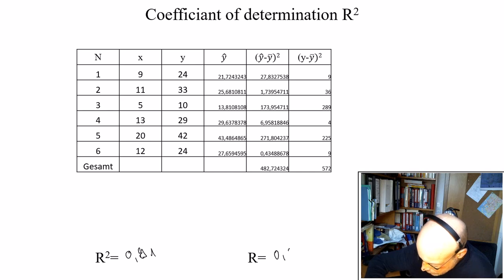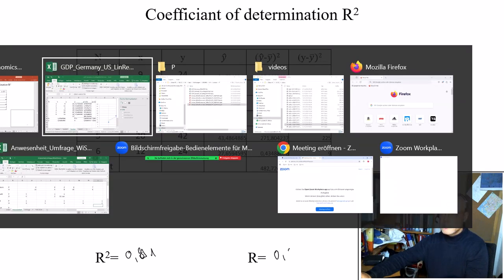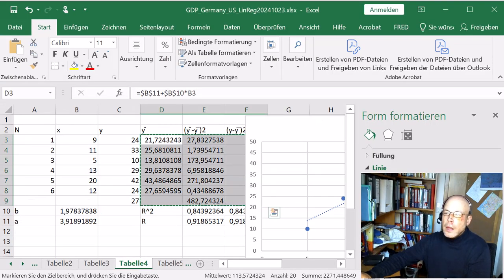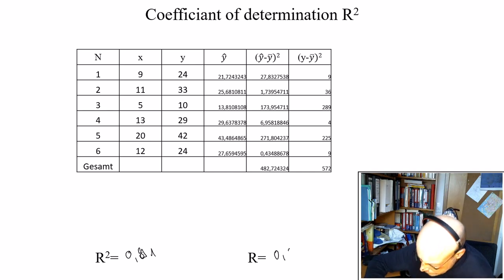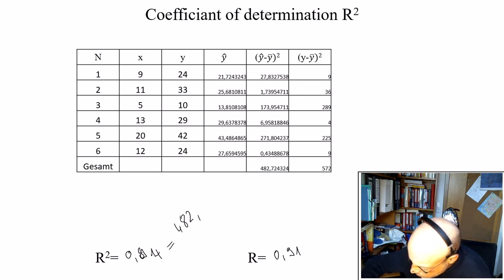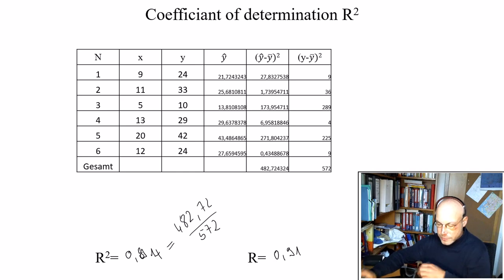Or what did I have? So squared 0.84 and this was 0.81, and this is of course 482.72 over 572.